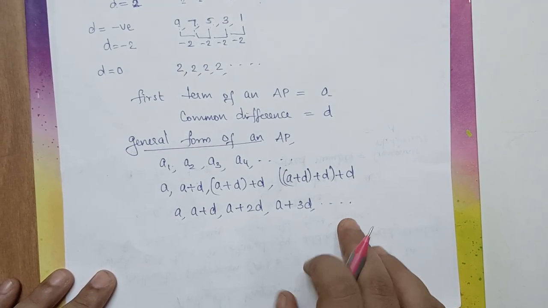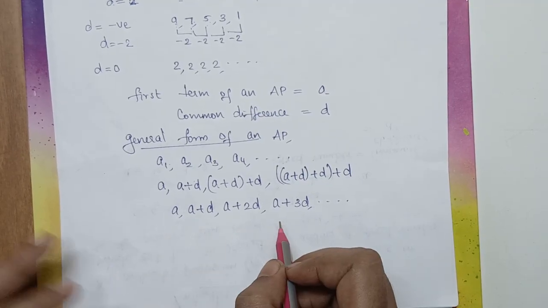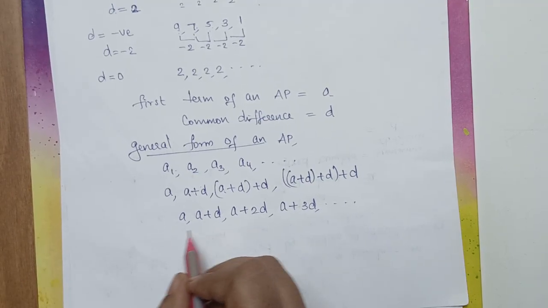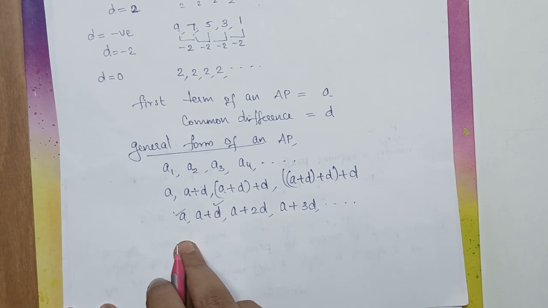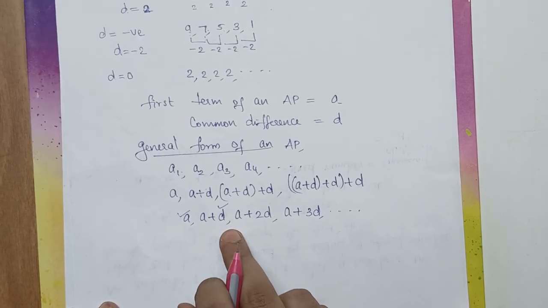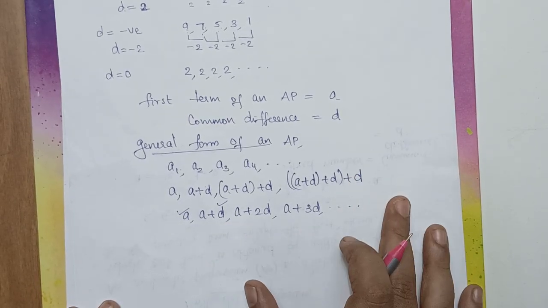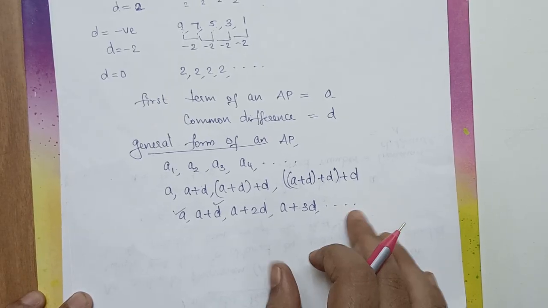Okay, so here we can see that the values needed to find out or formulate an AP are only A and D, which are the first term and common difference of an AP. So we can do a simple exercise.